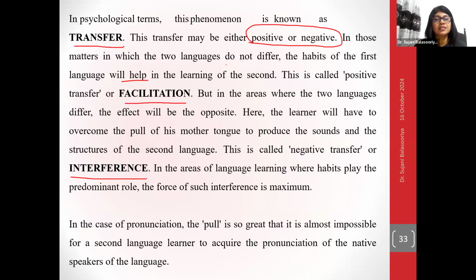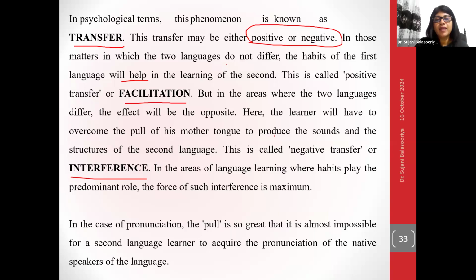So as a result, the learner finds it difficult to learn the second language structures. If the learner does not overcome this problem, then it will be a really difficult task for him to learn a second language, right? The learner will have to overcome the pull of his mother tongue to produce the sounds and the structures of the second language. If he is unable to do so, then he finds it difficult to learn a second language, right?